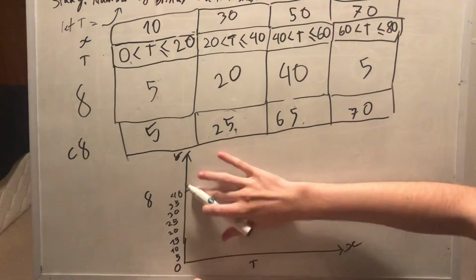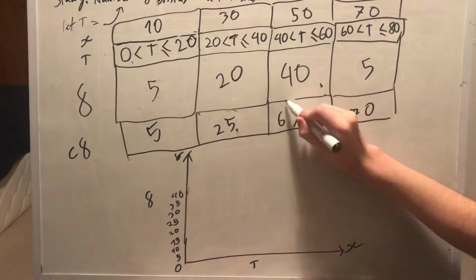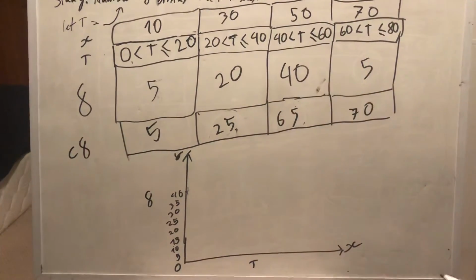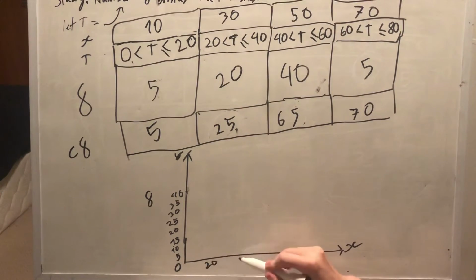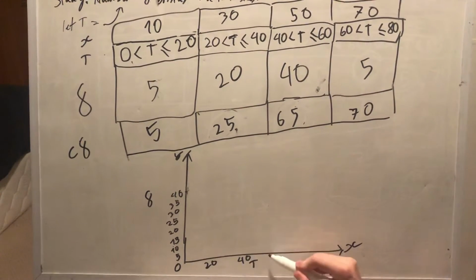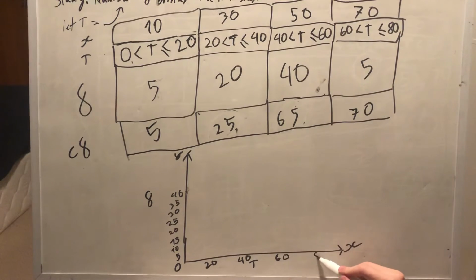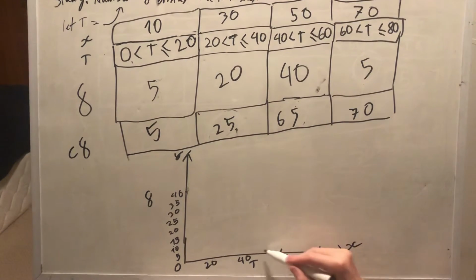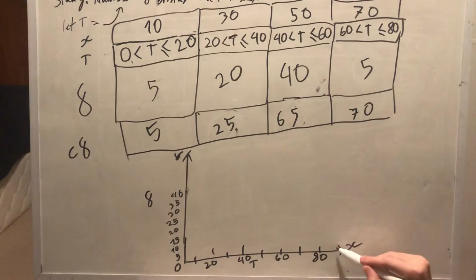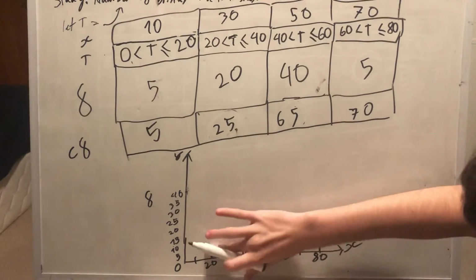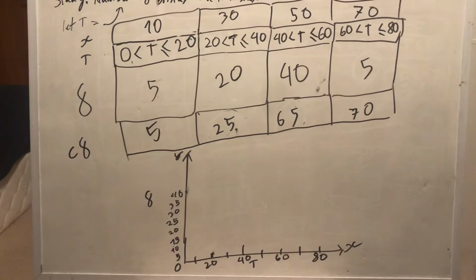We don't need to go any further because our highest value is 40. And then t goes in steps of 20, so 20, 40, 60, and 80. And I'll just add the little bits in between as well. Now this is where the power of histograms comes in.